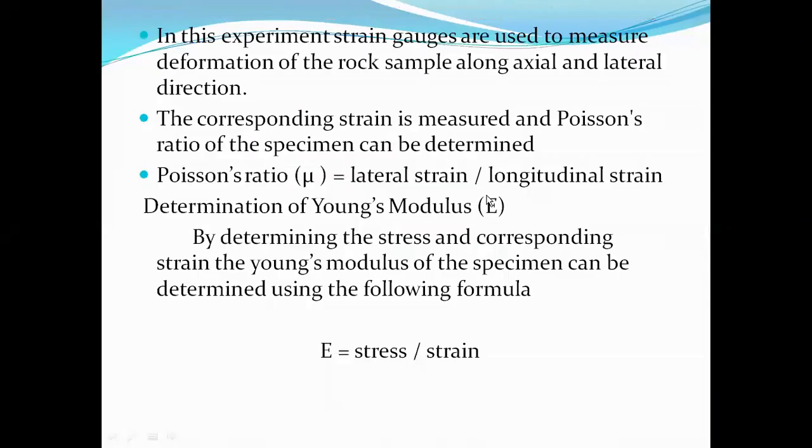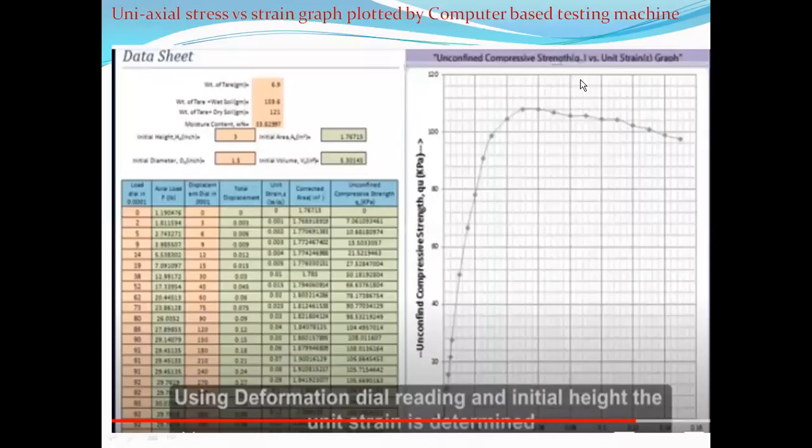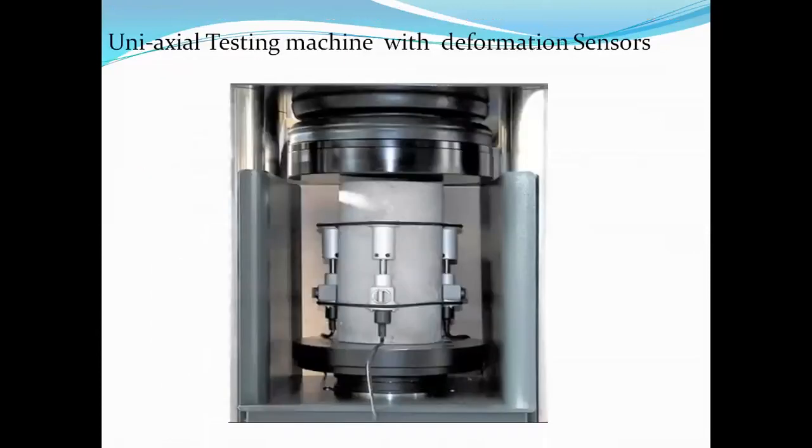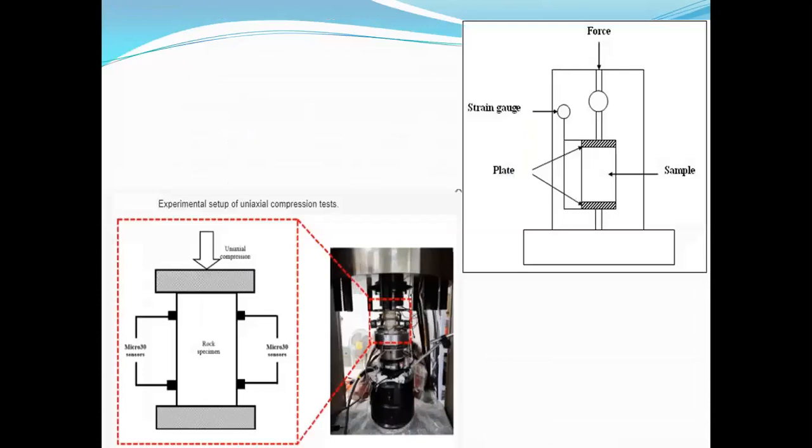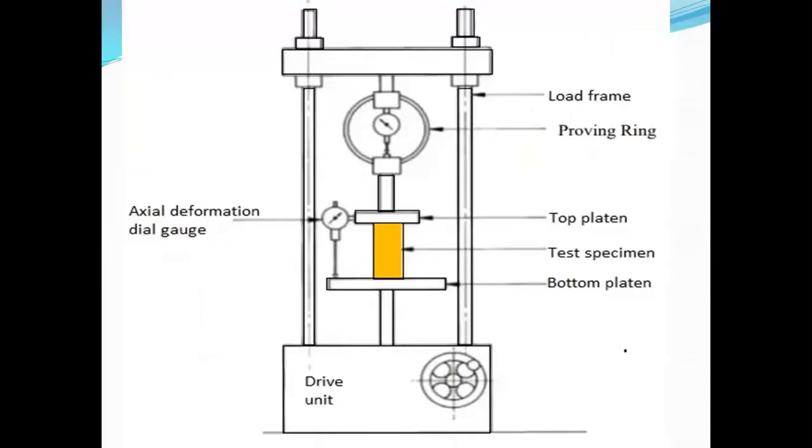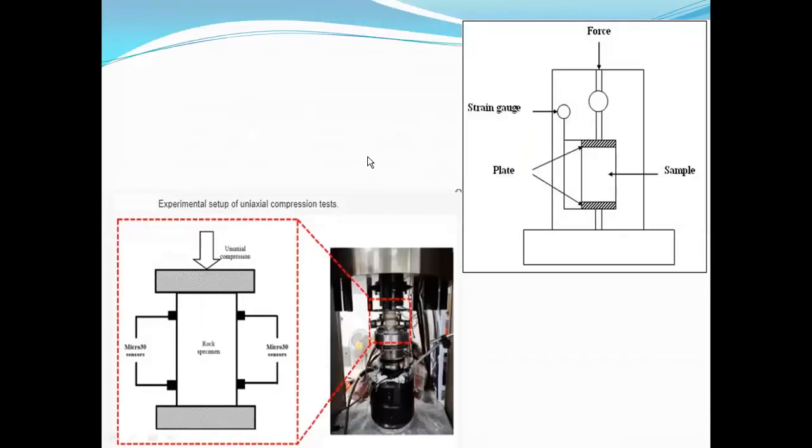Let's move on. Next, in this experiment, the strain gauges are used to measure the deformation of the rock sample along the axial and lateral direction. Yes, this is what I told you earlier, a little while ago. Okay, there are sensors, right? Look at your deformation gauges. These are a kind of manual reading. Next, these are the sensors.